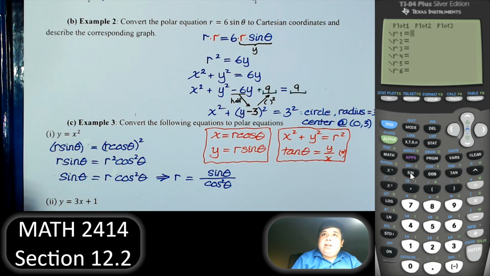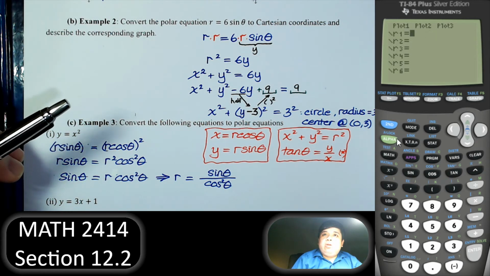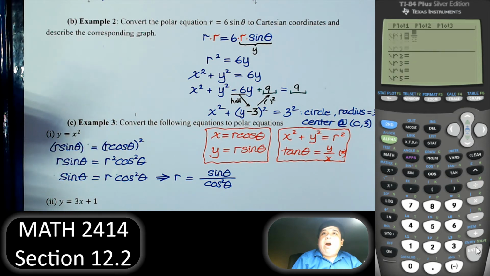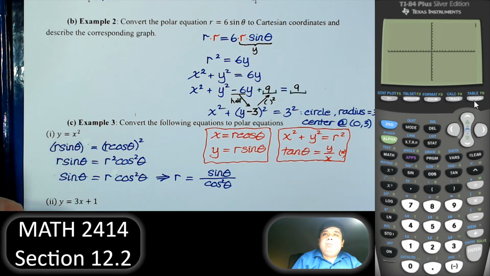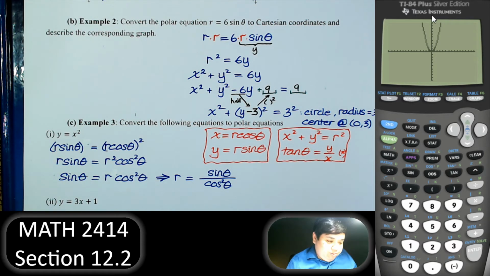Sine theta, actually a fraction, sine theta and then cosine squared. Yeah, so it is a parabola, y equal to x squared. That works.